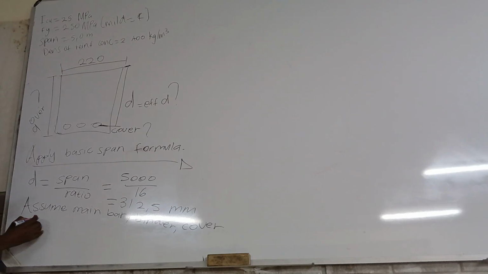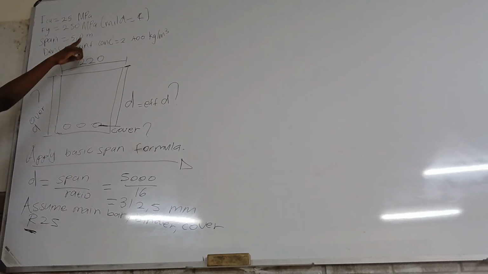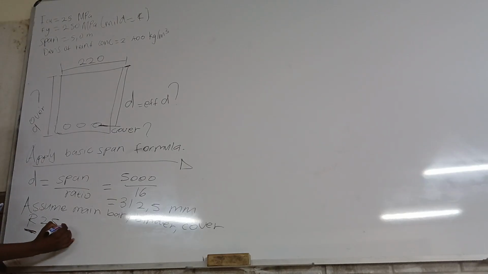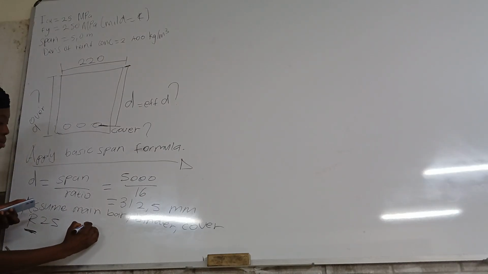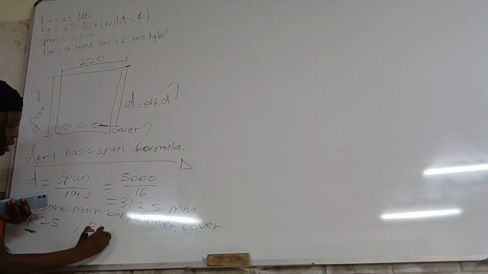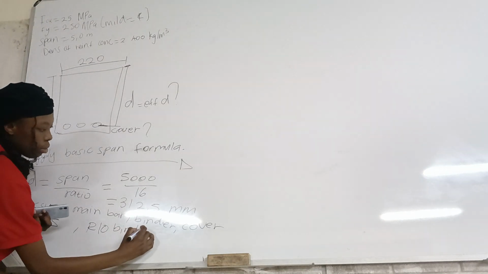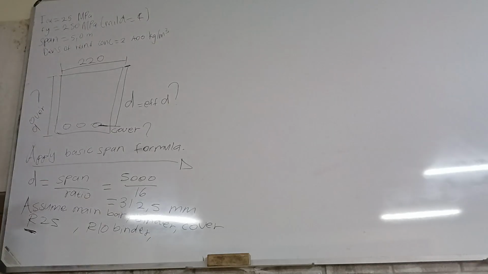It is R25, not Y. It's R because you were given mild. If it is mild, your main bar is R, not Y. Yes, they said it's mild, so it's R25. And then the binder, assume 10. So the binder is R10.